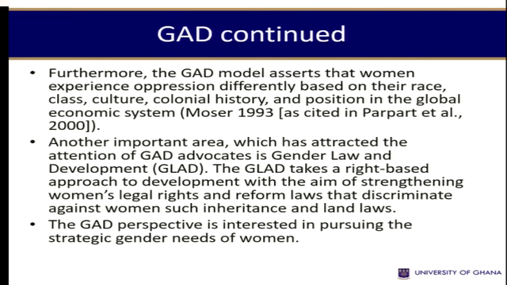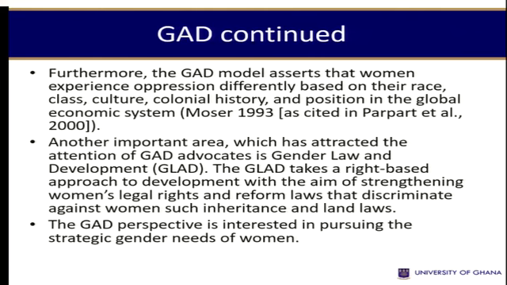The GAD model asserts that women experience oppression differently. So unlike the WID and WAD perspectives, that don't necessarily take differences between women into account, the GAD perspective recognizes that depending on your race, your class, your culture, your colonial history, your position in the global economic system would be different, and your approach to development would be different.